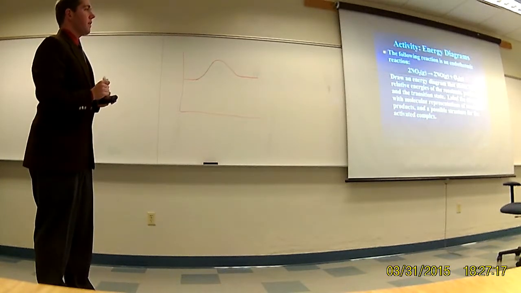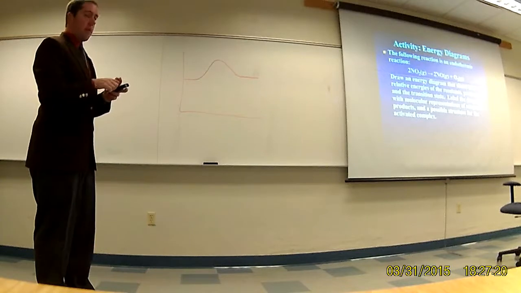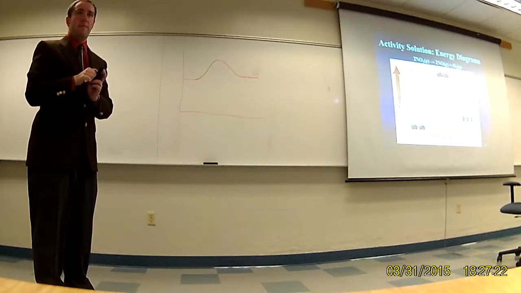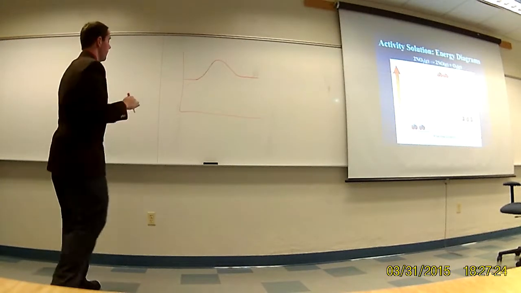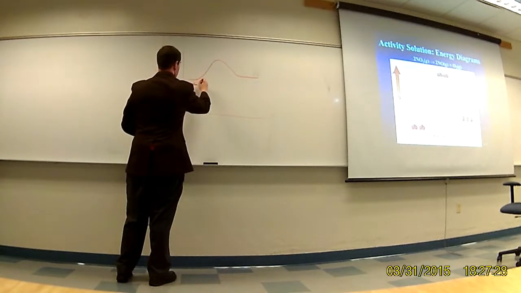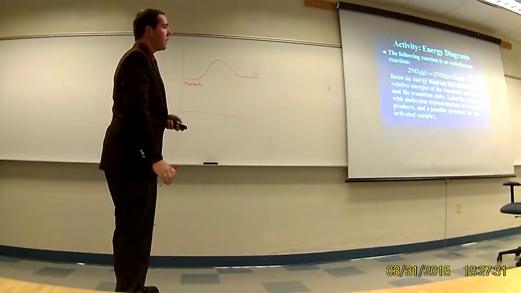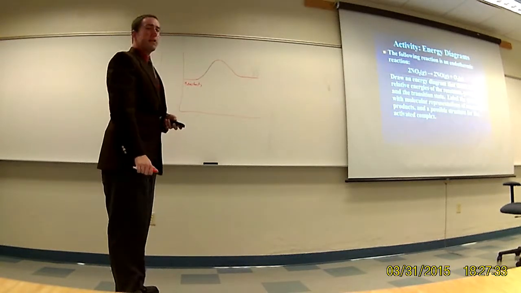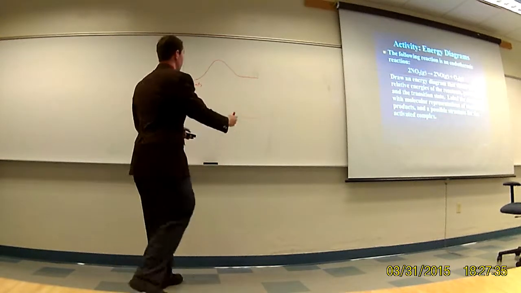Now we have to label some things. Where are the reactants? On the left. Those are reactants. Where are the products? On the right.